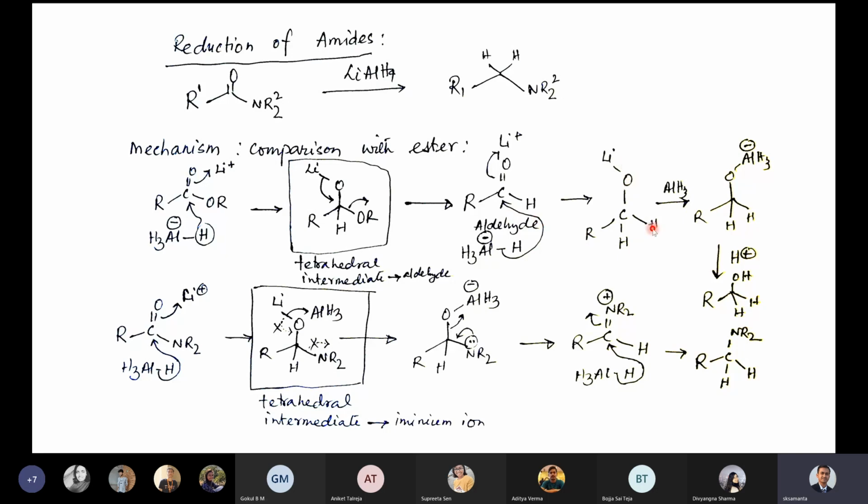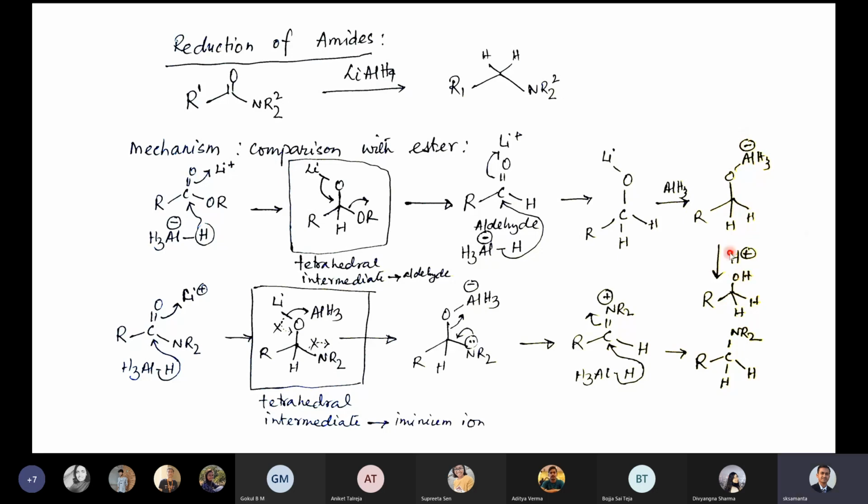This O minus connects with AlH3 to fulfill the vacant p orbital of the aluminium. You know that. Now if you hydrolyze in the presence of acid, this bond will break and it will form OH. You remember this, we discussed it last class.